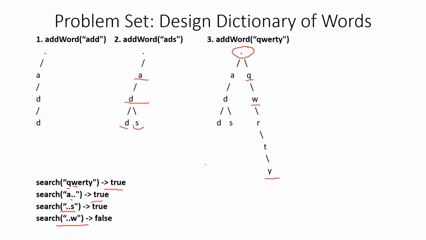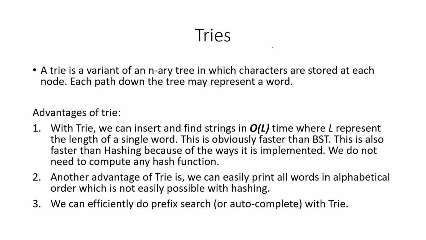And actually, this kind of tree is a special data structure called a trie. A trie is a variant of a tree where each character is stored at each node. Each path down the tree may represent a word.